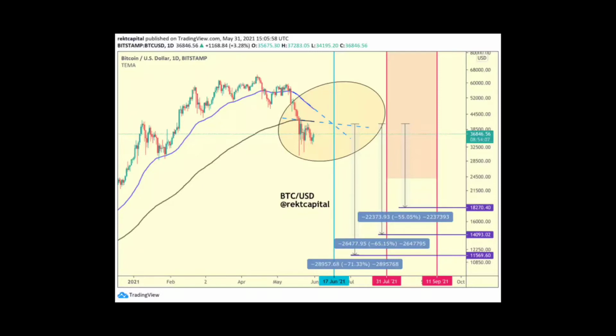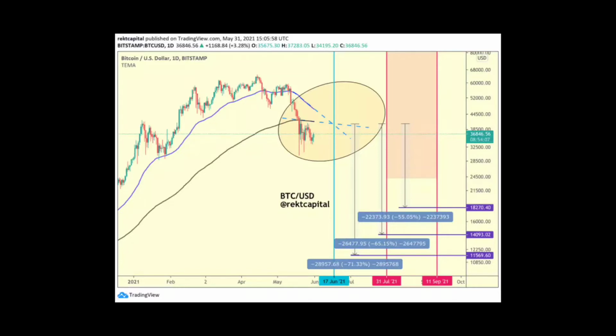So death crosses, that is the 50 moving average moving in a downward fashion through the 200 moving average, right? And specifically, we're looking at the daily. When that occurs, just like in stock markets, this has occurred in the crypto space. Now, there's a few key points to make in the crypto space.